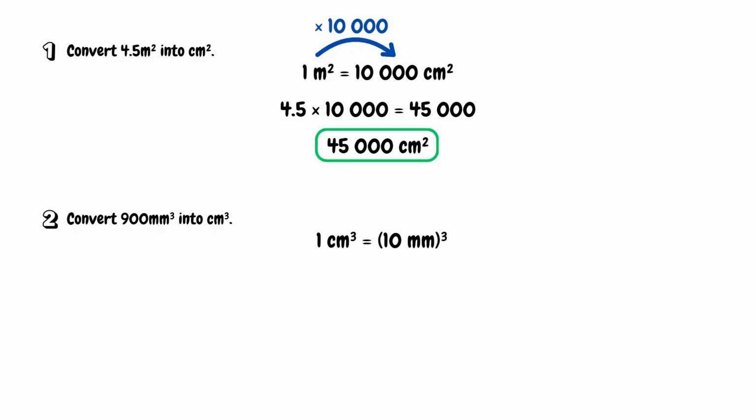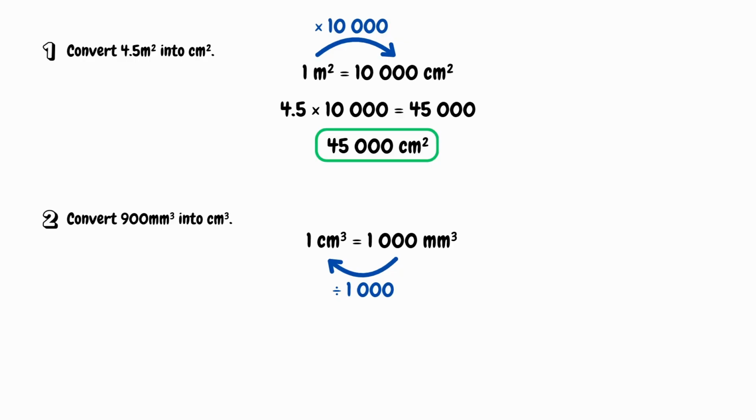So we're doing 10 millimeters multiplied by 10 millimeters, multiplied by 10 millimeters again, and that would leave us with 1,000 millimeters cubed. So we now have this volume unit conversion. And looking back at the question, we're going from millimeters cubed to centimeters cubed. So in our volume unit conversion, we're going from right to left. So that means that we're dividing by this bit on the right. We're going to be dividing by 1,000.